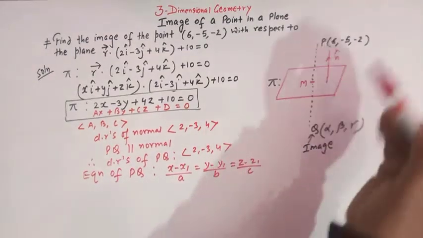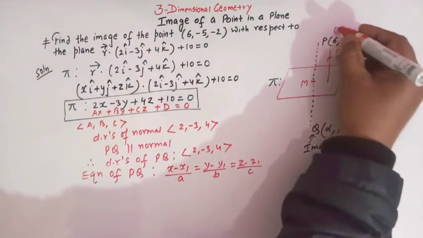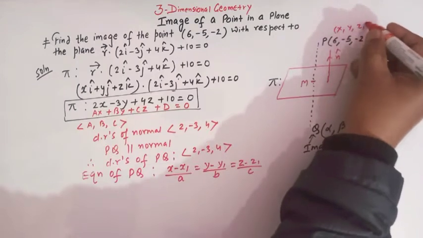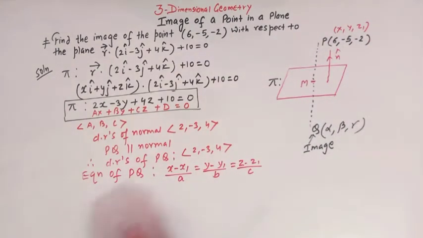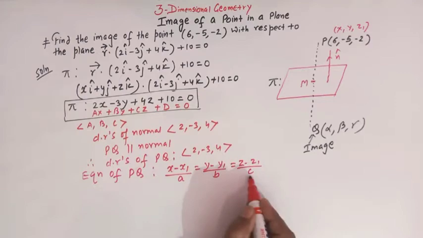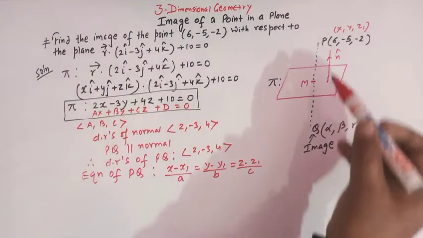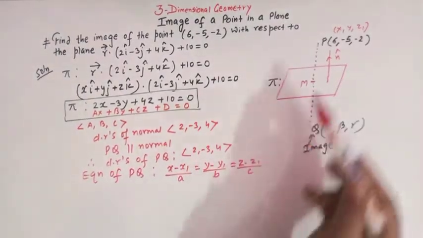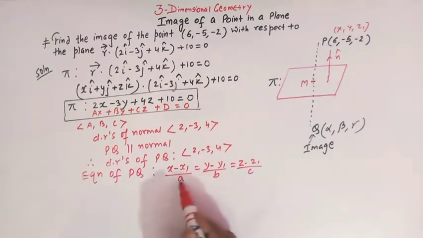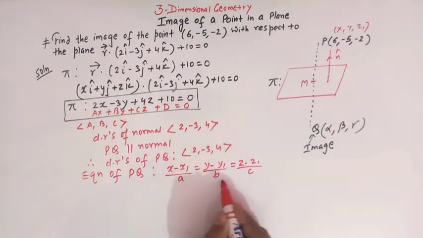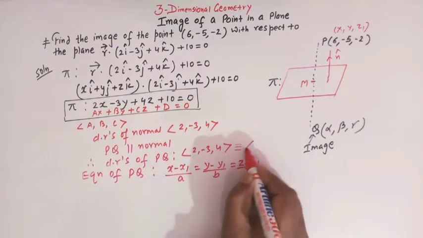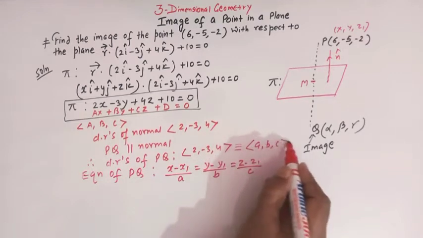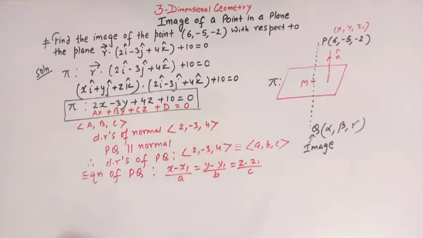Here a, b, c are the direction ratios of this line PQ or PM, and we can take them as 2, -3 and 4.